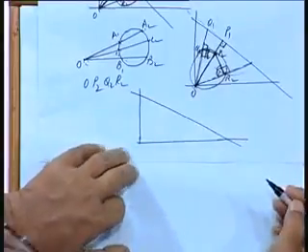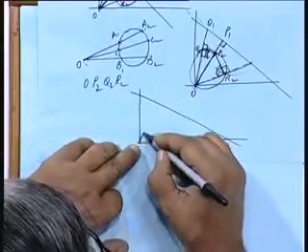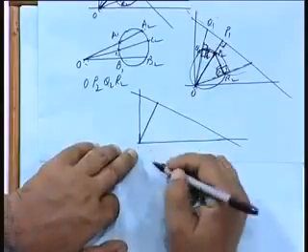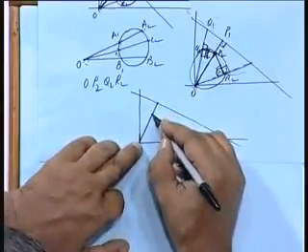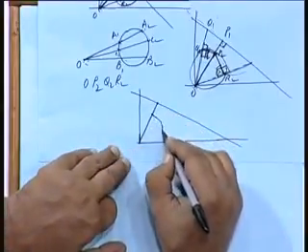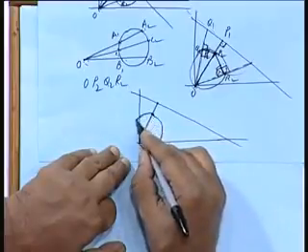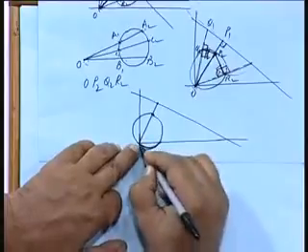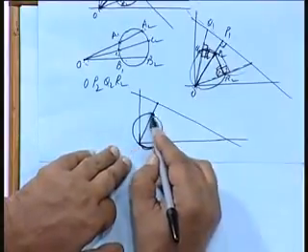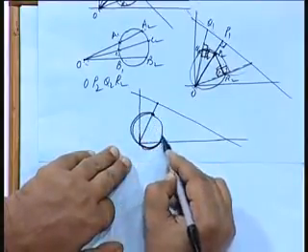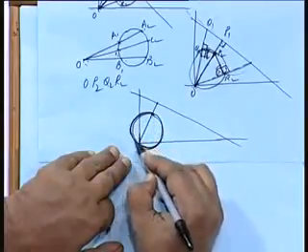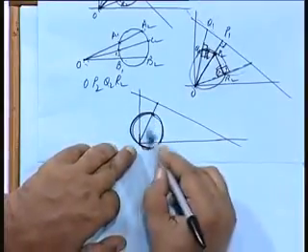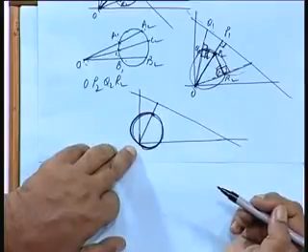What will be its inverse? Draw a perpendicular, take its inverse and then draw a circle, with this as the diameter. So, the origin is included, all right. So, this will be the circle.